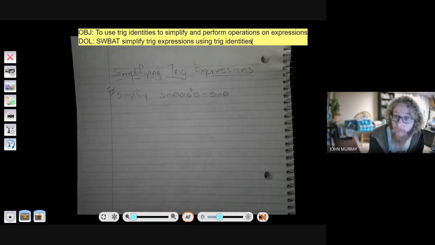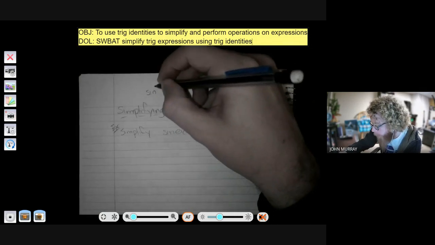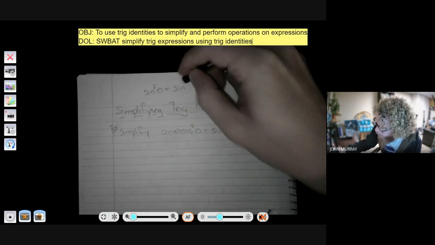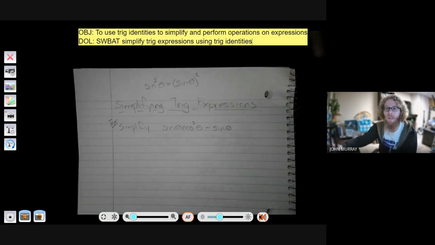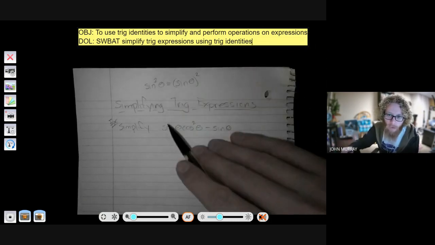They may ask us to simplify. So here we want to simplify sine of theta times cosine squared theta minus sine theta. Anytime we see exponents with trig, they write it one way, but it can be viewed as two different ways.